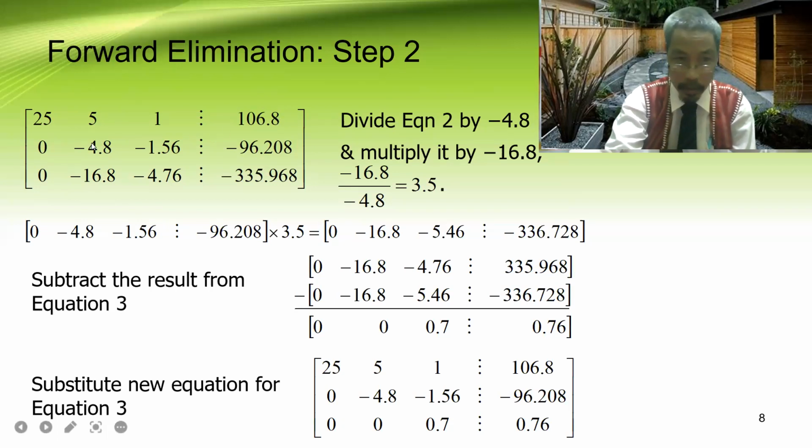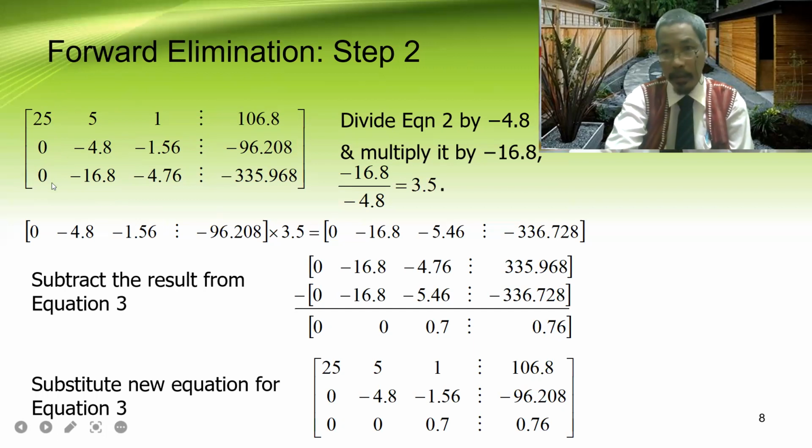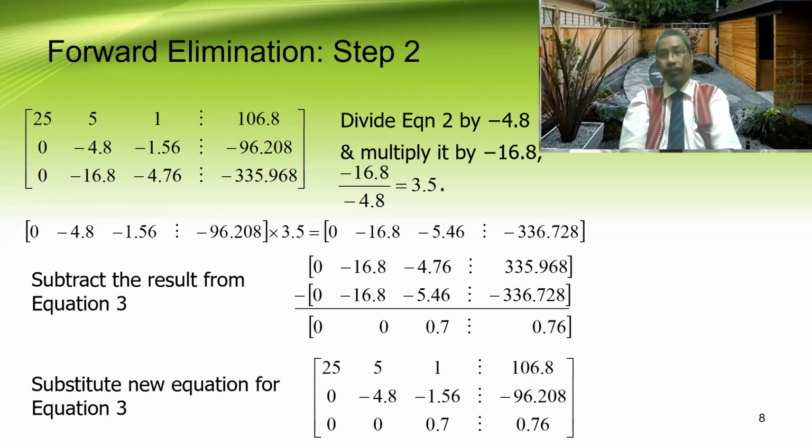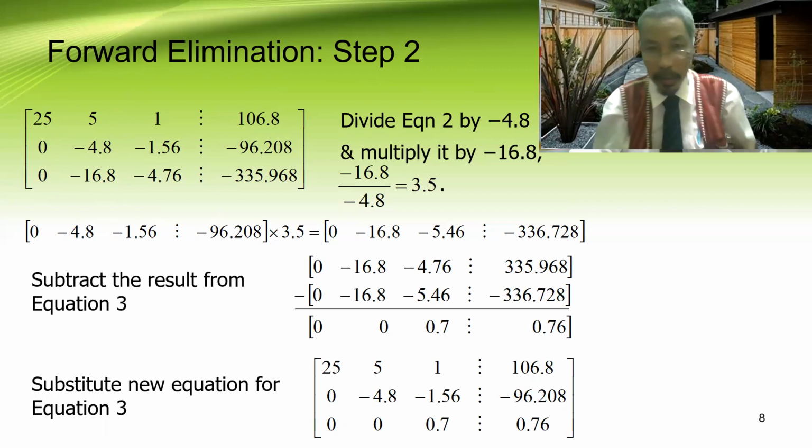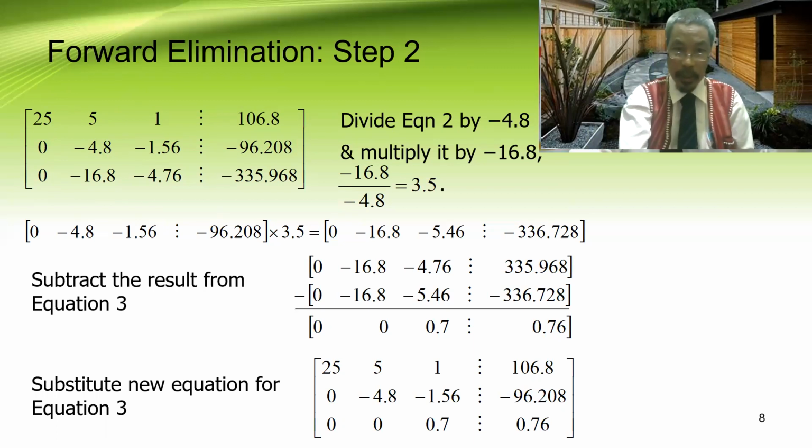So that's the reason why we need to use this second equation, because if we use 0 minus 0, it will still be 0. Unlike if you use the first equation, if you subtract this to this, it will become negative 25, for example. So that's why we need to use the second equation now.